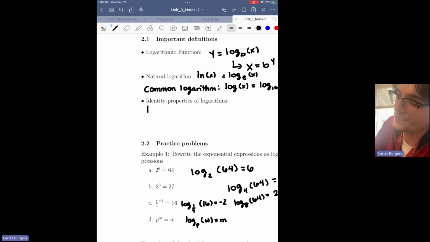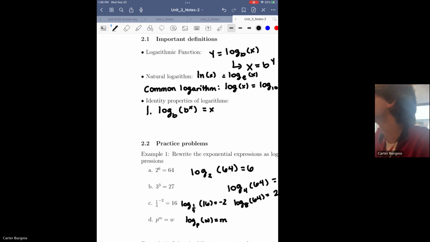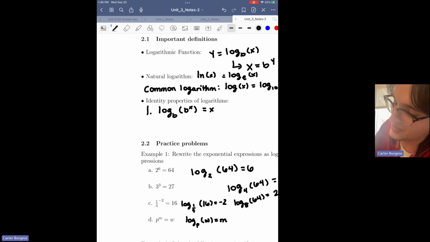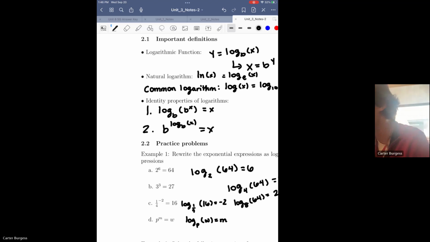All right. So the first of these statements is that log base b of b to the power of x is equal to x. Again, composing our function and its inverse. And then the second one is that b to the power of log base b of x is equal to x.